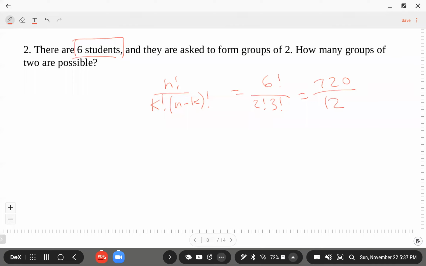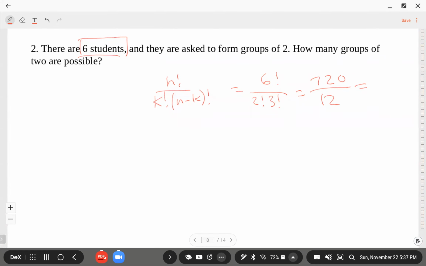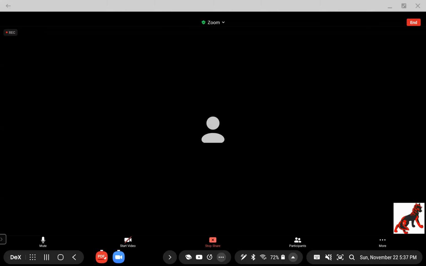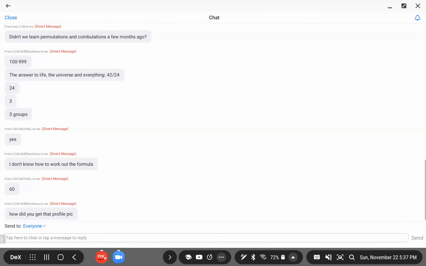So 2 factorial is 2 and 4 factorial is 24. 6 factorial is 720. If you don't trust me, you can do it on your calculator. But if you actually memorize these factorials, it'd be very handy. Very good, Michael. And Anthony, do you understand how to do it now?